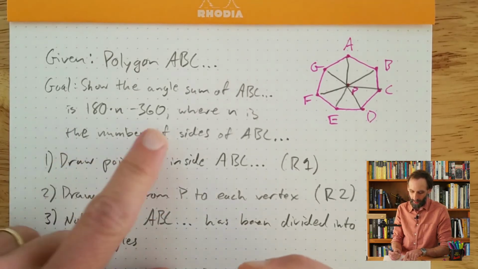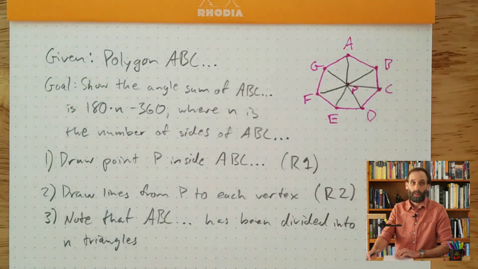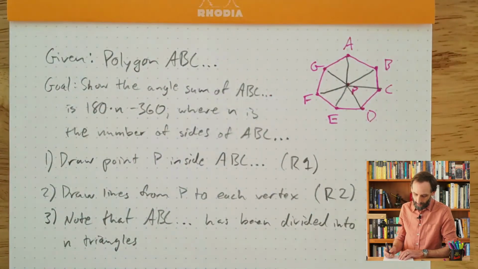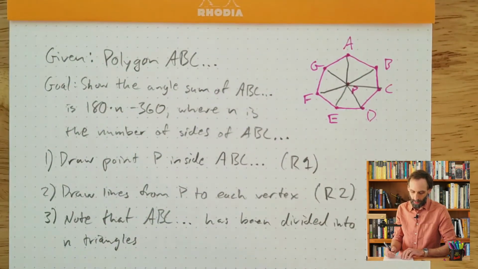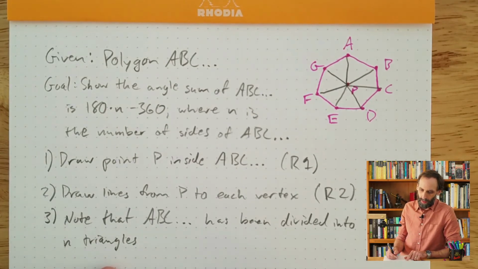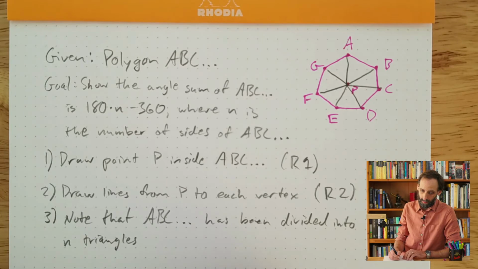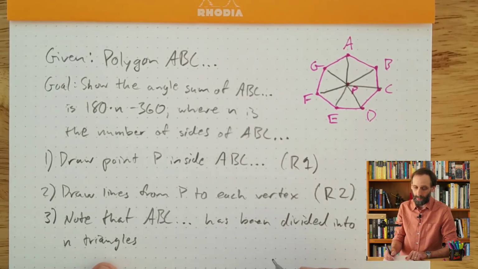Now remember, n is the number of sides of the polygon that we're working with. Okay, so it's been divided into n triangles with a side of the polygon as one side of each triangle.